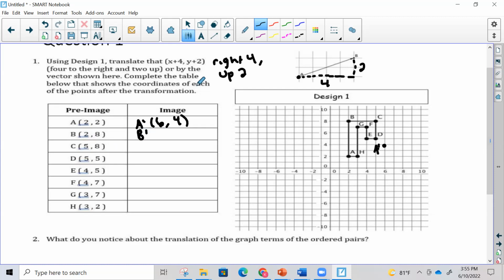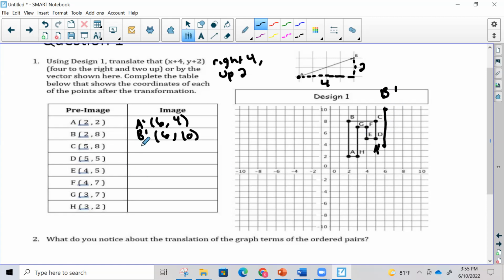Each time to the X, I add what it says to the X. So I'm going to add 4. So 2 plus 4 is 6. And to the Y, I'm going to add what they say, which is 2. So 8 plus 2 is 10. So B prime should be at 6, 10. And again, you could also count it, 1, 2, 3, 4, and then 1, 2, and you should also be there. And then I can connect those.